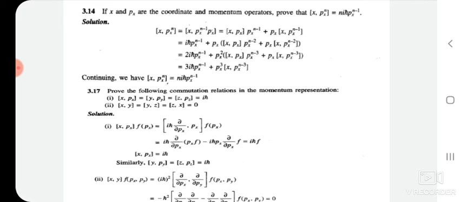Next, [x, px] is nothing but iħ, so px^(n-2) into px gives px^(n-1). It gives 2iħ px^(n-1) plus px^2 [x, px^(n-3)] plus px [x, px^(n-3)].